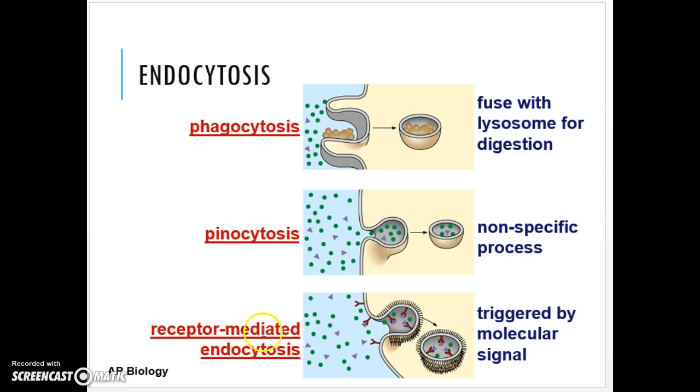And receptor-mediated endocytosis is exactly what it sounds like. A signal is received by a receptor on the cell membrane, which signals the cell membrane to enclose the signal molecule along with others and bring them into the cell. So these are all ways that things are brought into the cell.